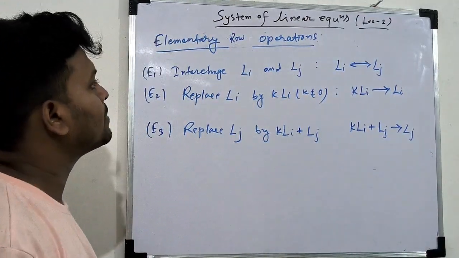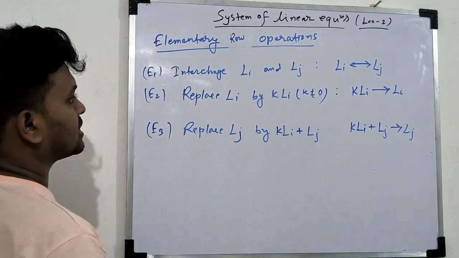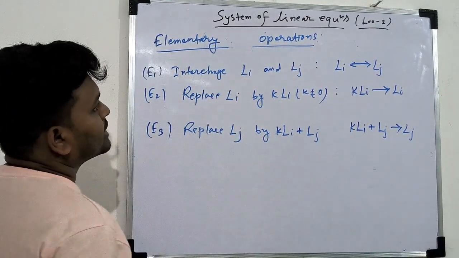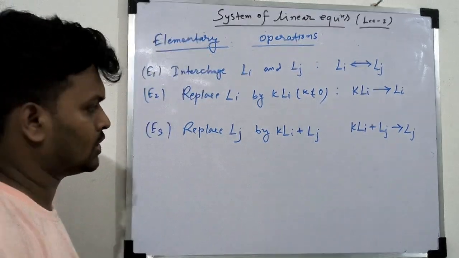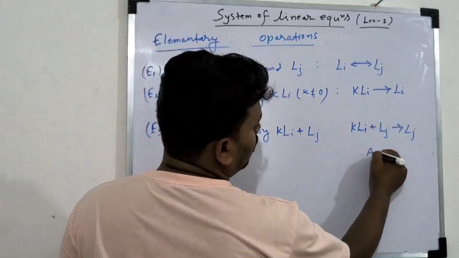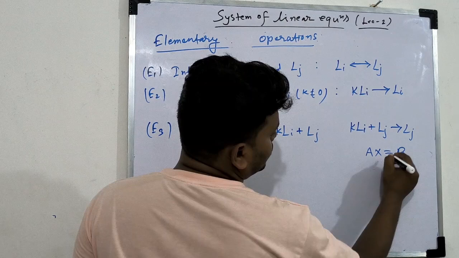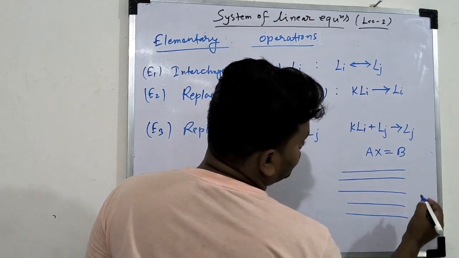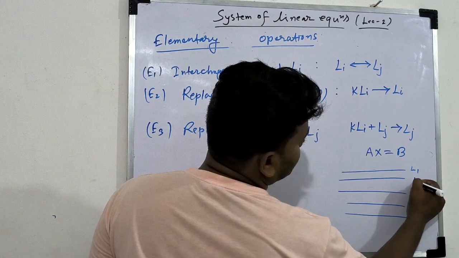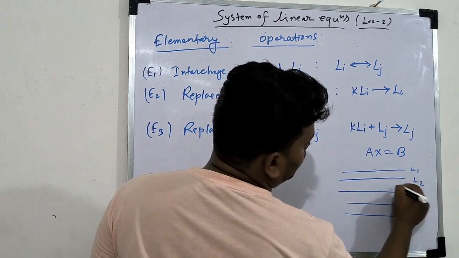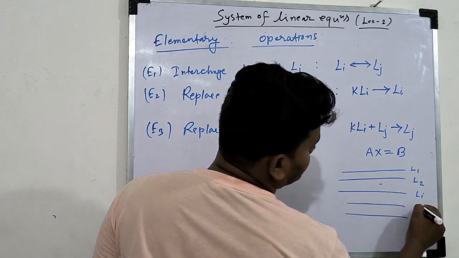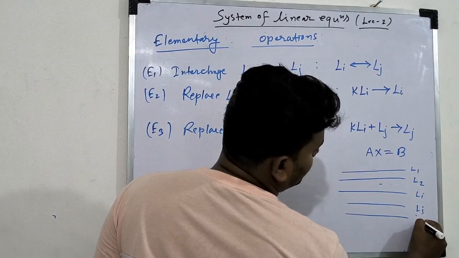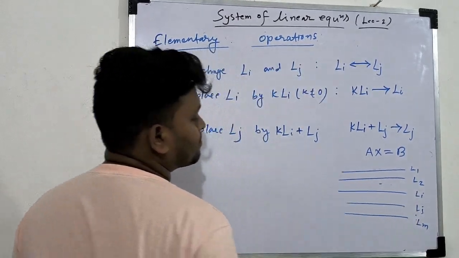So we have discussed elementary row operations. Now we'll discuss elementary operations. Whenever we solve this type of equations, there are m equations and n unknowns. Let these equations be L1, L2, dot dot, Li, Lj, dot dot, Lm, m equations.